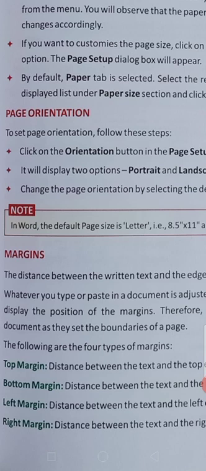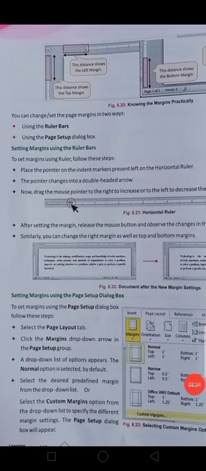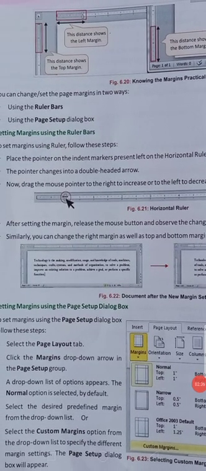And I already told you the meaning of each of these and how to set them up. We can set up our margin through the ruler bar. It will be on the top and on the left side also. And we can do this through page setup. If you want to do it through the mouse, we can click on the rulers.